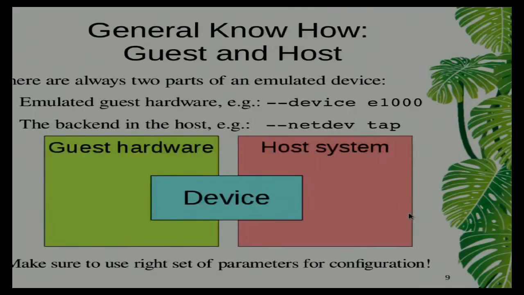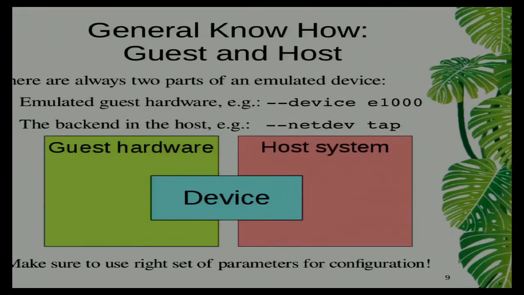Next thing that you should really be aware of is that a QEMU device consists of two parts. On one side there's the emulated guest hardware, like the network card itself, and the other part is the host backend.